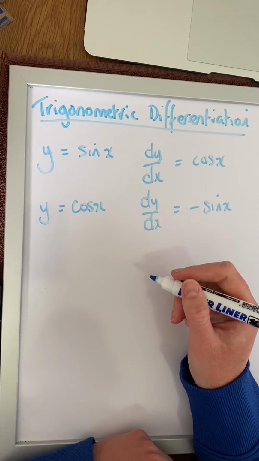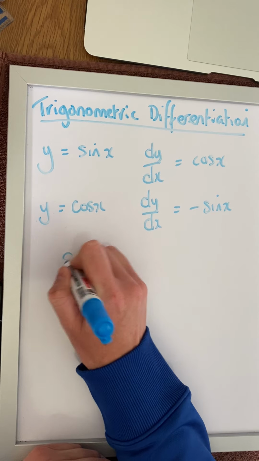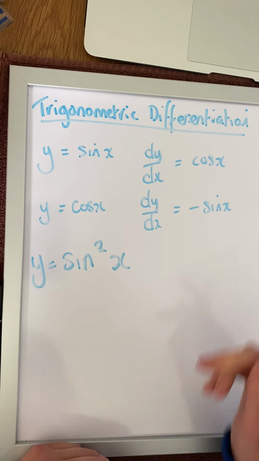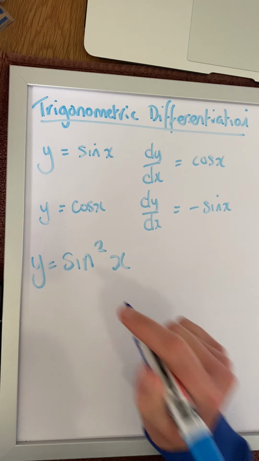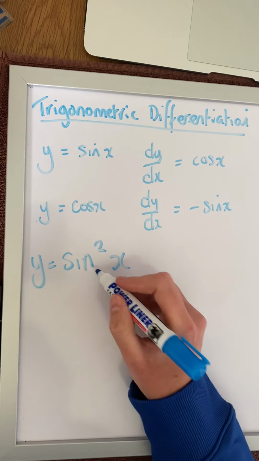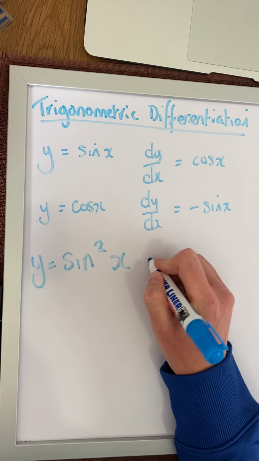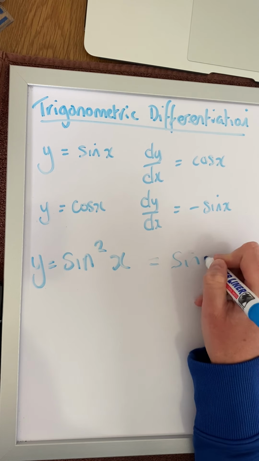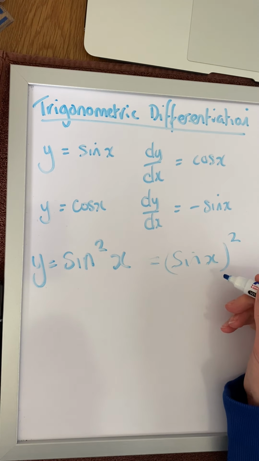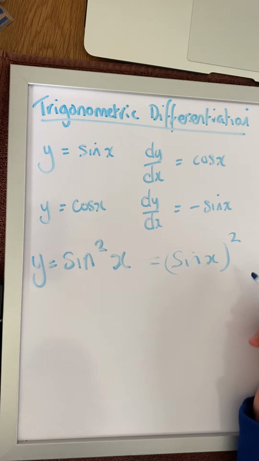If we look at y is equal to sine squared x, all right? Now, one thing about trigonometry, sine squared x is the same thing as sine x all squared. It means the exact same thing. So in terms of differentiation, we treat it as this here. Now for this, we would need to use the chain rule.